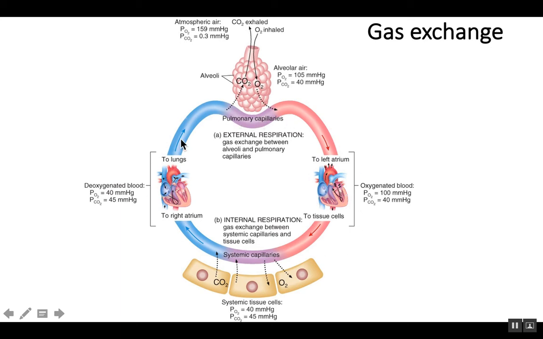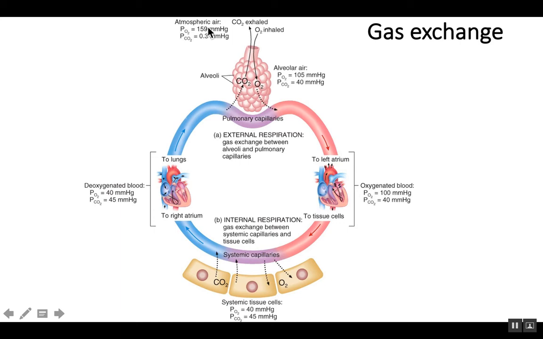So it's a complete circuit. We're looking at the exchange that's occurring between the alveolar air in the lungs, and blood in the pulmonary capillaries. Then we're going to look at exchange that occurs from systemic capillaries to tissue cells. But let's first look at the numbers here.